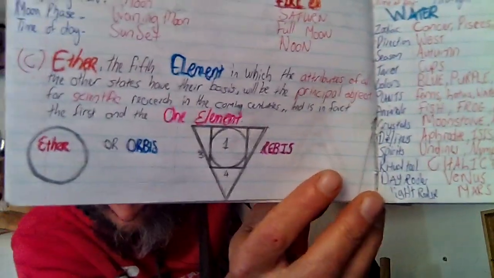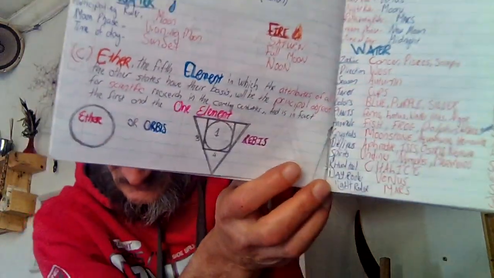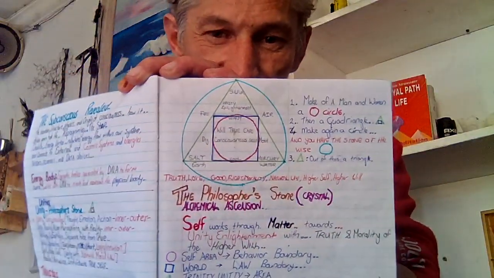Okay, because what I want to teach you is that. And that is called the Rebus Philosopher's Stone. Okay, but before we can get to the Philosopher's Stone, we have to understand how our minds work, right?